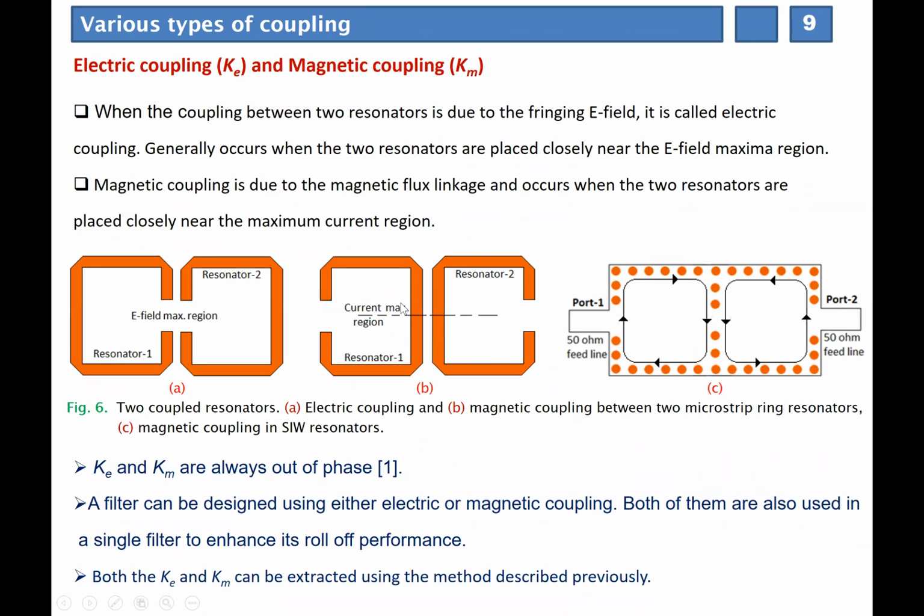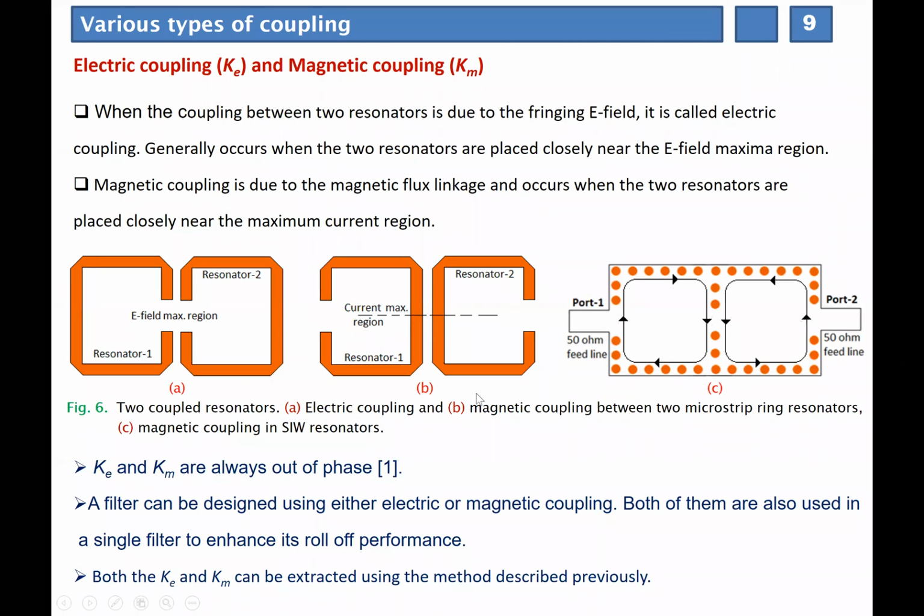Now we have to characterize the type of coupling. Coupling means energy coupling between two resonators. Now you can see figures 6A and 6B, there are two types of configurations. In 6A we have kept the two open ends of the resonators nearby. But in figure 6B, the midpoints of the two resonators are brought together.